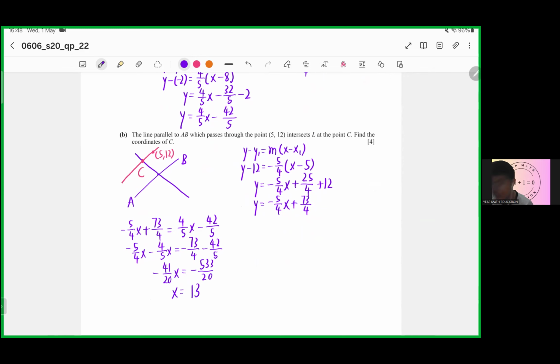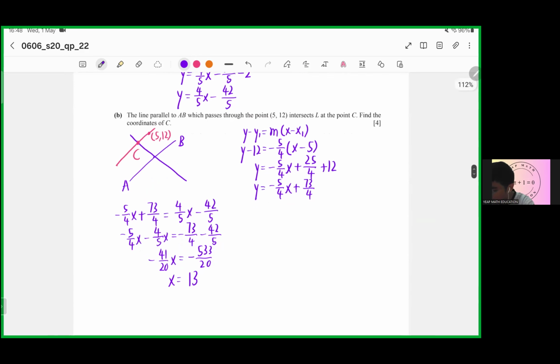So we get x coordinate is 13. Then we use this information to put in these equations, and y equals 2. So the coordinates of C are (13, 2).